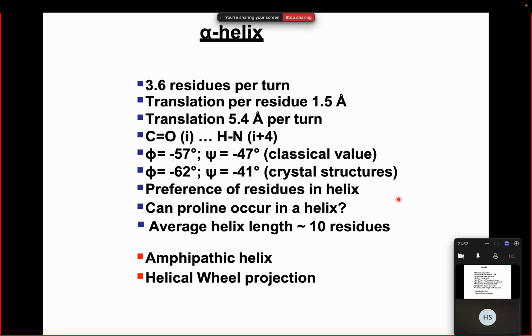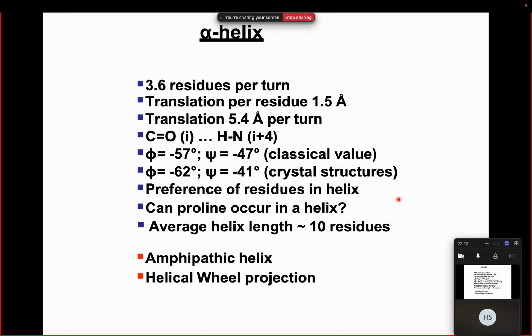So the basic properties of alpha helix include, as we are mentioning, 3.6 residues per turn, right? There is also translation per residue, because it is an elongated chain-like structure, so there has to be translation also.